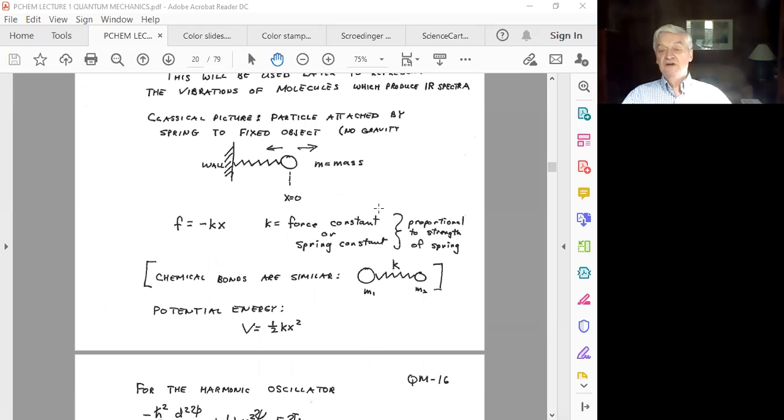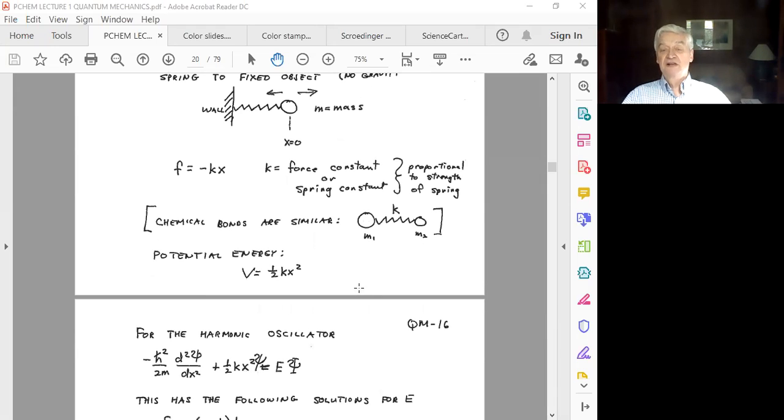The potential energy function for this is capital V equals 1/2 kx squared, where k is, in this case, called the spring constant, or when we get to talking about molecular systems, we'll call them force constants. And we're going to find that those force constants are proportional to the strength of a chemical bond. So as I show here, chemical bonds are going to be similar.